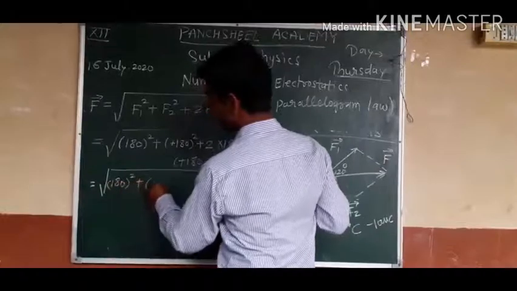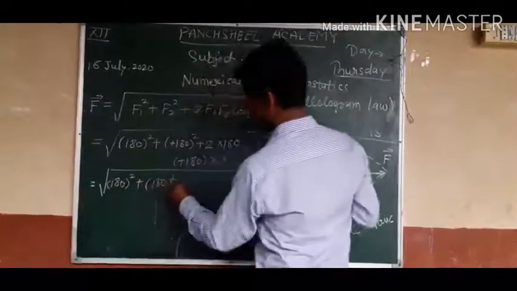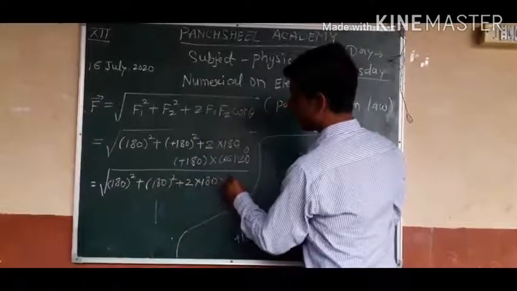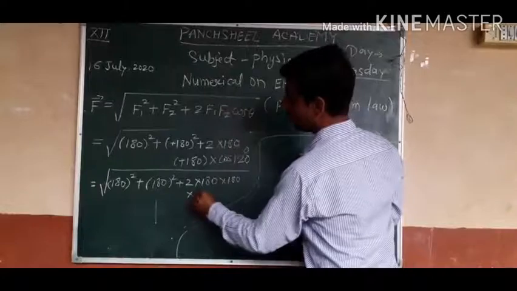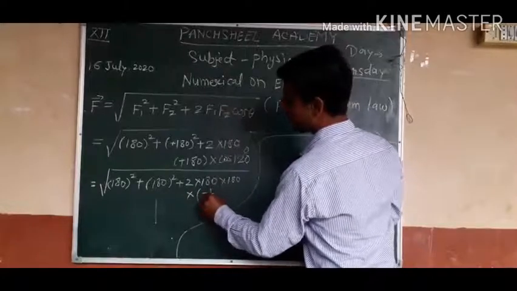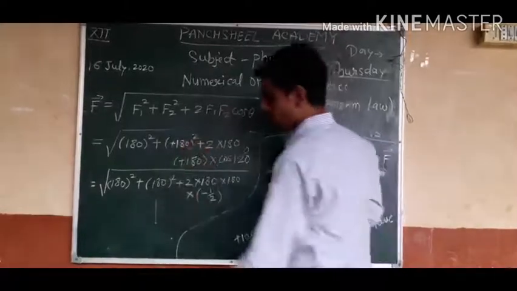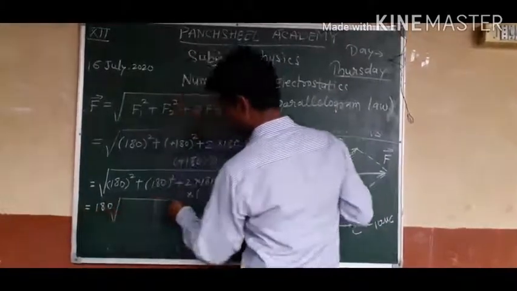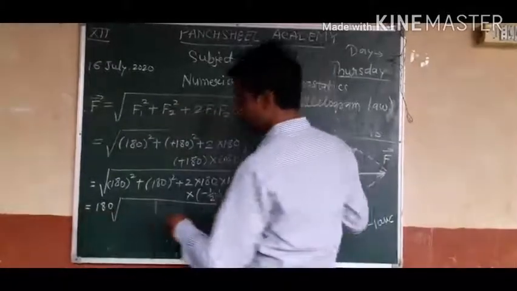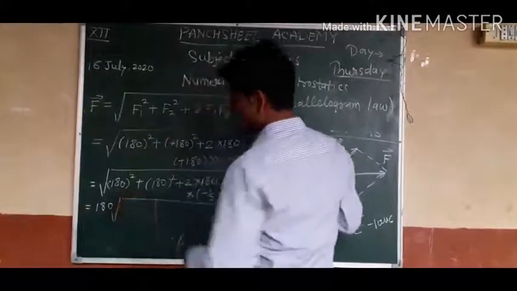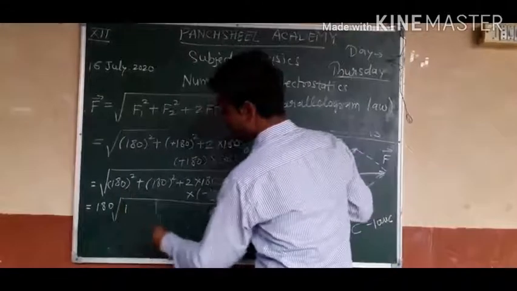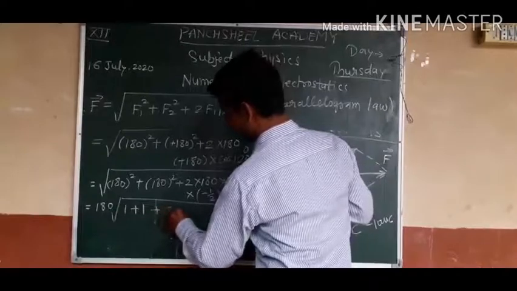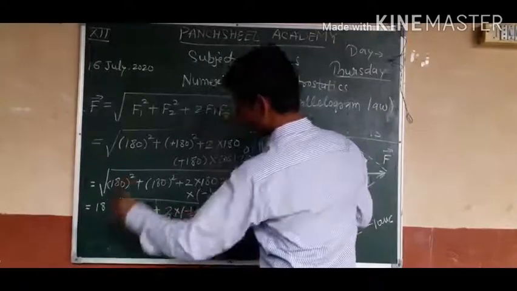Whole square of 180, also whole square of 180, plus 2 into 180 into 180 into cos 120, which is minus 1 by 2. Now if you take 180 from outside to the root, then what is remaining: 1 and also 1 and also 2 into minus 1 by 2.